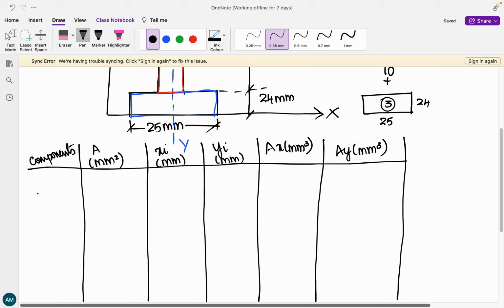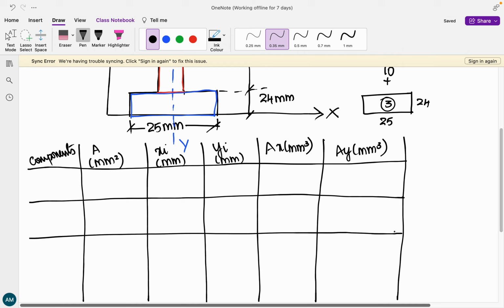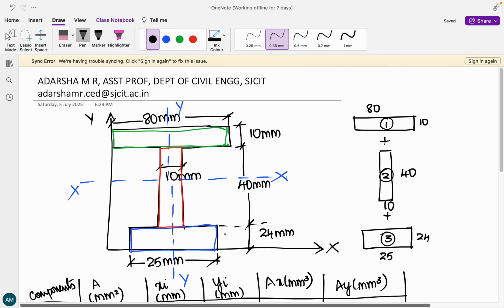Alright, so we have three different components. Component 1, 2, 3.